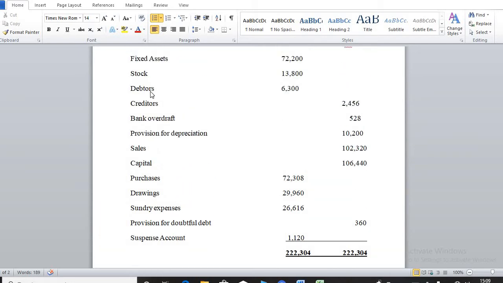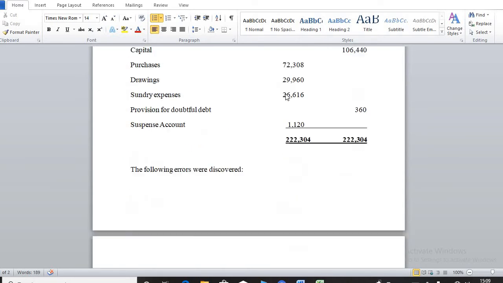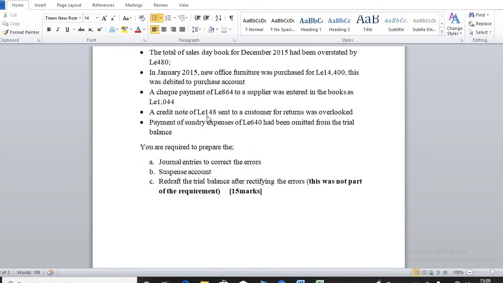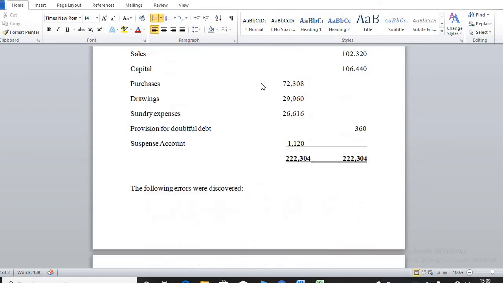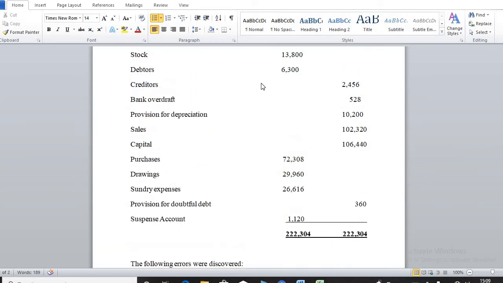Yes, the debtors figure that you see here has also been overstated by the same figure, because it was overlooked. It was not recorded at all by the accountant. So how do we remove this 148 from that?